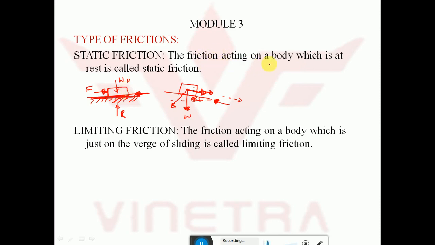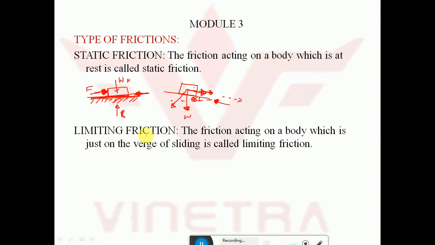The friction acting on a body which is at rest is called static friction, because even if I apply external forces, the body will not move; it will remain in a static condition because of the frictional force.